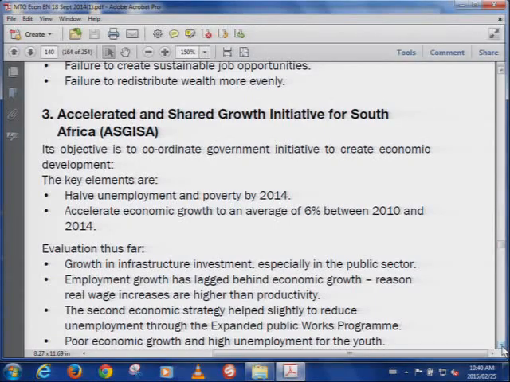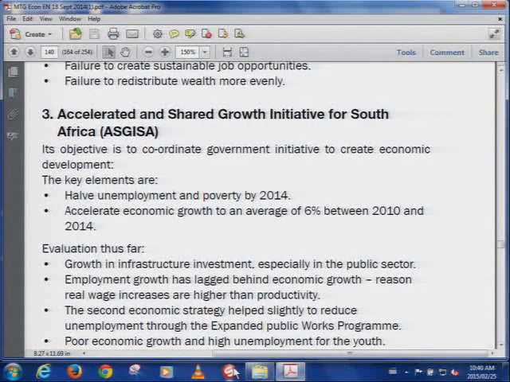Now, with ASGISA, the key objective was to coordinate government initiatives to create economic development. The key element there was to halve unemployment and poverty by the year 2014. This was, of course, inspired by one of the Millennium Development Goals of trying to halve poverty and unemployment by the year 2015.